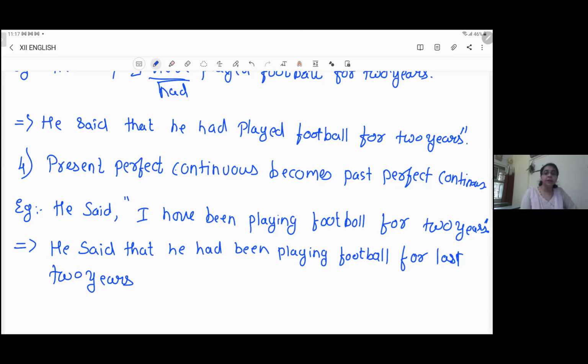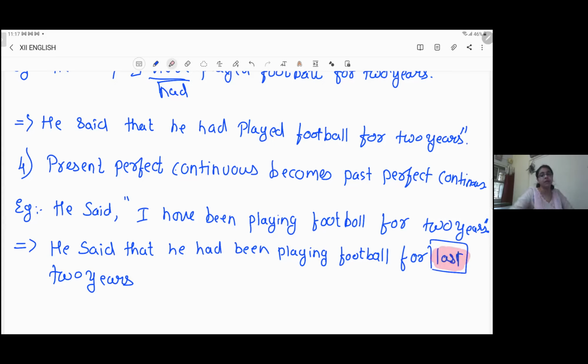Because in direct speech there are actual words, no? Here you are converting into indirect speech because the second person is giving the message to the third person. So you have to add one word, that is last. Very important, because if you are not writing last, there is no meaning.